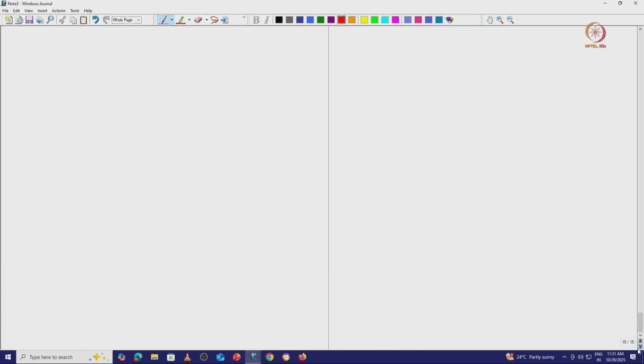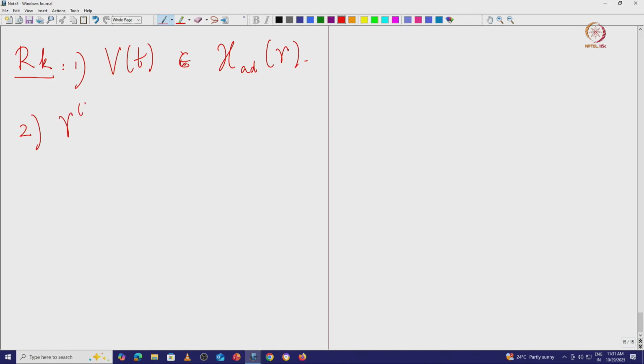Okay, so maybe let me end this slightly longish lecture, because we are setting up all the notation. So, let me end with the following remarks. Firstly, the variation vector field V of t is actually an admissible vector field. That can be easily checked from the definition. The second point is that even if the horizontal curves are only piecewise smooth, the transverse curves are actually smooth for all t.